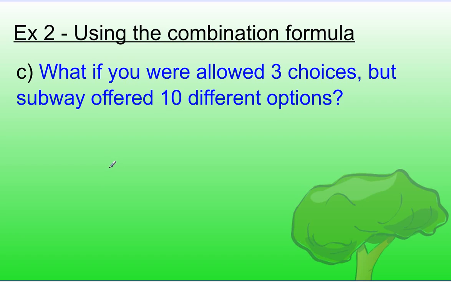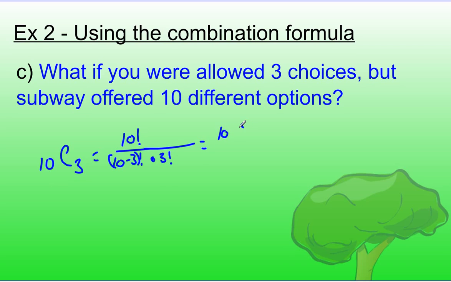Okay, so let's see. 10 total, you're choosing 3. So that would be 10 factorial over 10 minus 3 factorial, that's the permutation, times another 3 factorial.